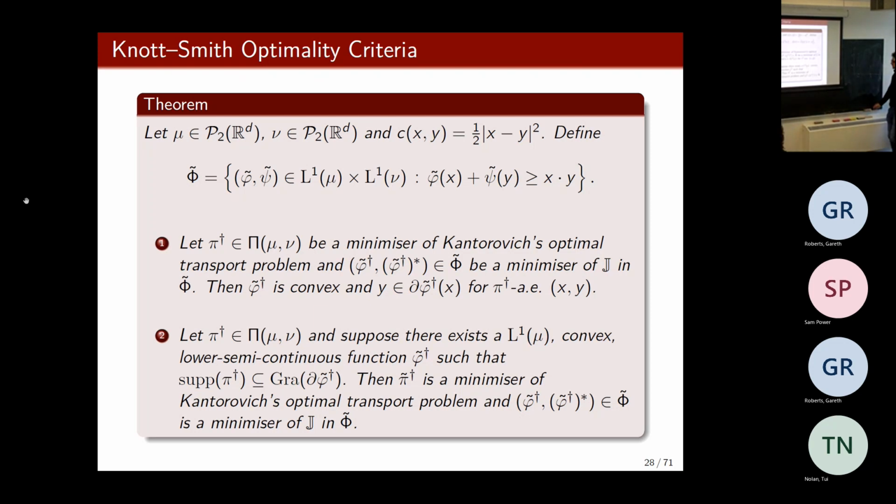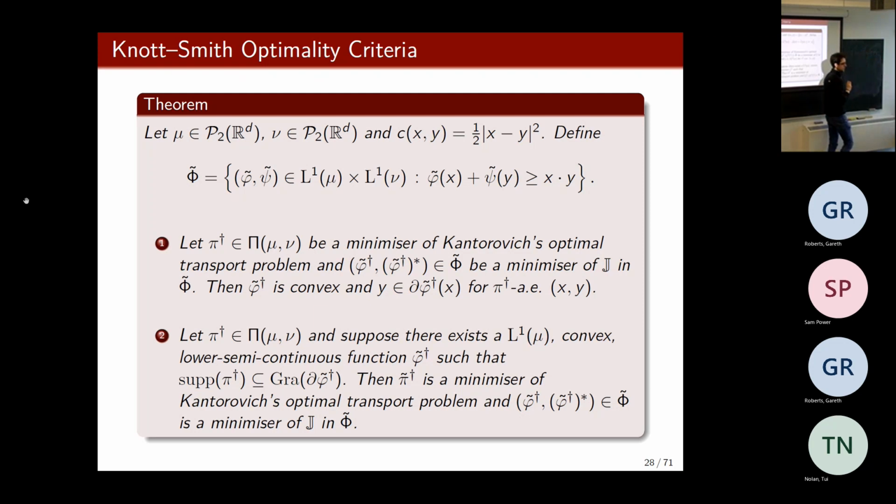From memory, you can either go through the C-transform or the convex conjugate. I think it's something like phi tilde of x equals half x squared minus phi.